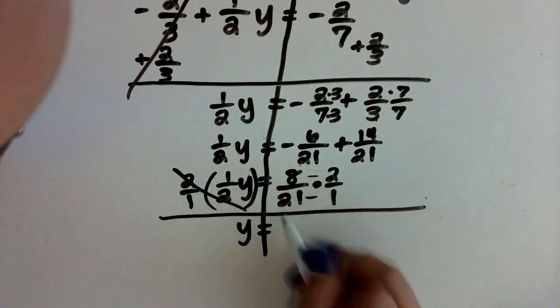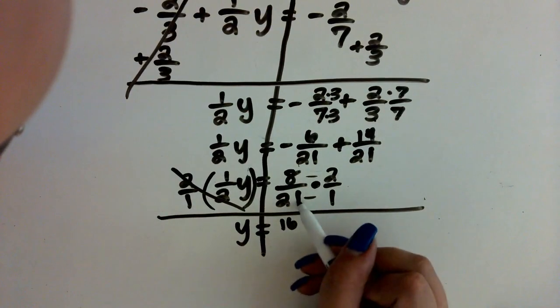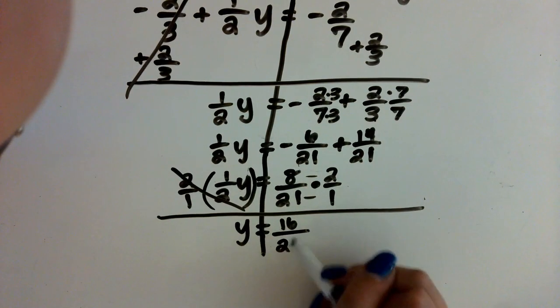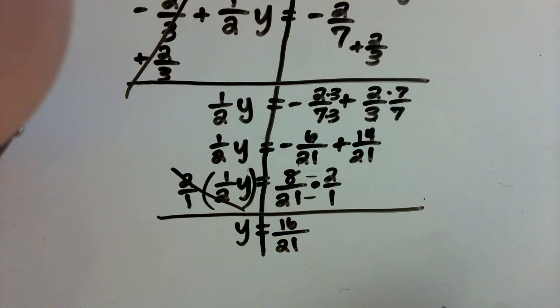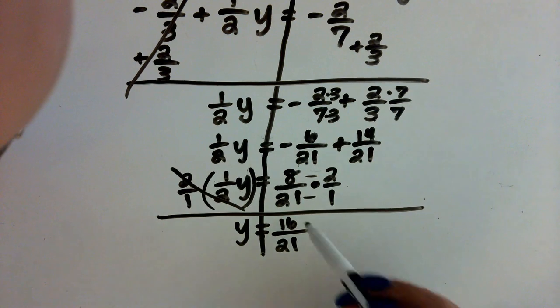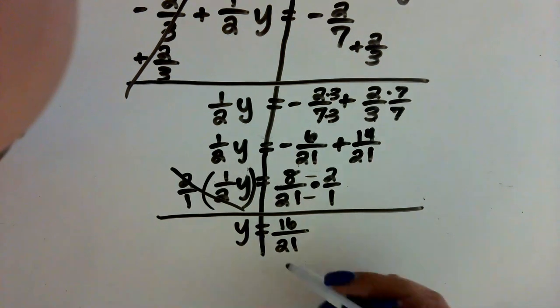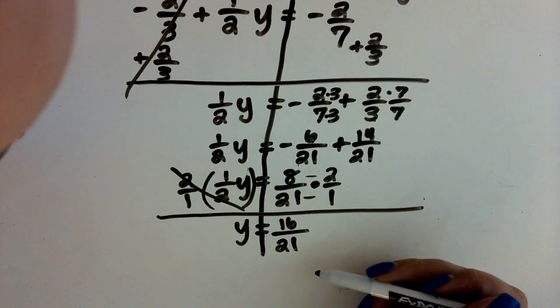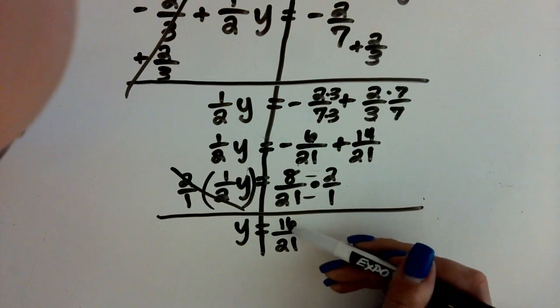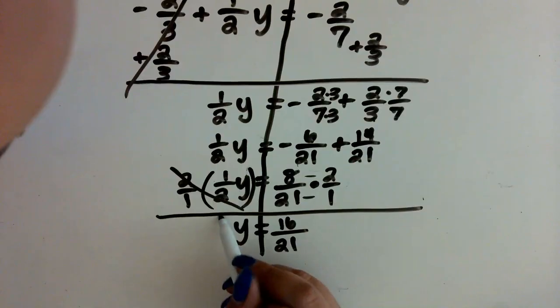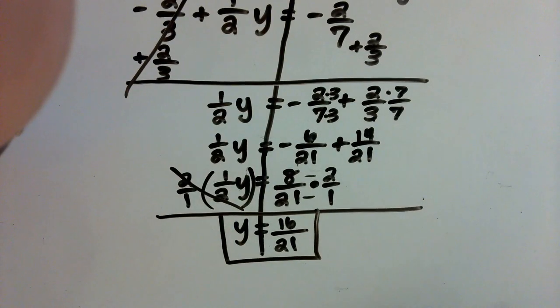So 8 times 2 is 16, 21 times 1 is 21. So I know that we are done. We have simplified enough because 16/21 cannot be simplified down any further. There are no numbers that evenly get multiplied in to 16 or 21 to make that any smaller. So we are all set.